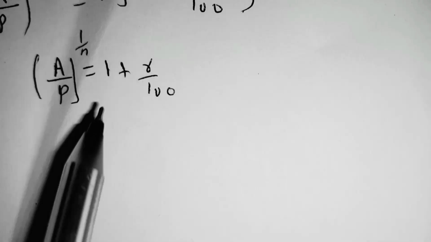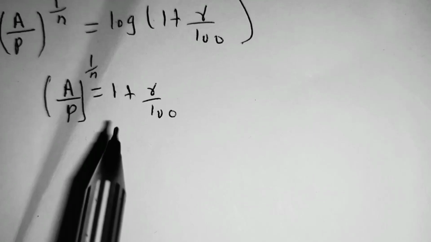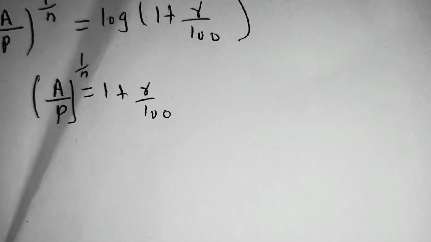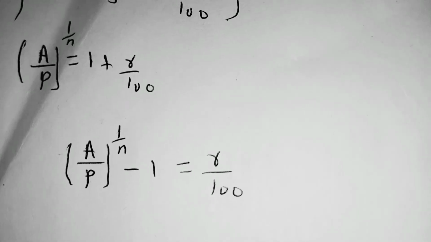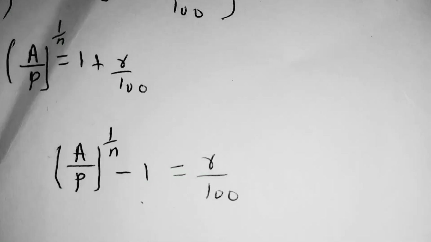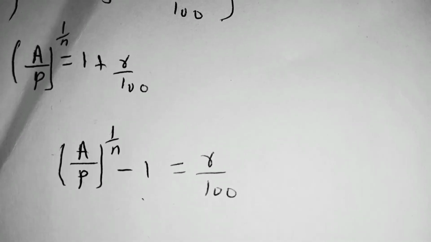So cancelling log on the right hand side and on the left hand side to obtain this. Then we subtract 1 both sides. So after subtracting 1 both sides, you obtain this, and finally you multiply by 100 in both sides so that you obtain the following.